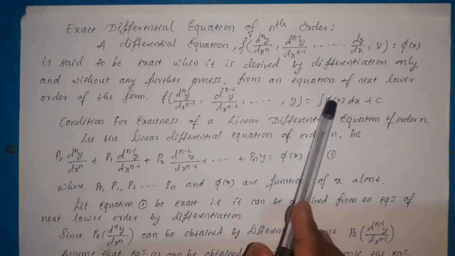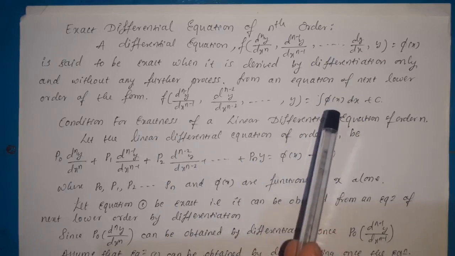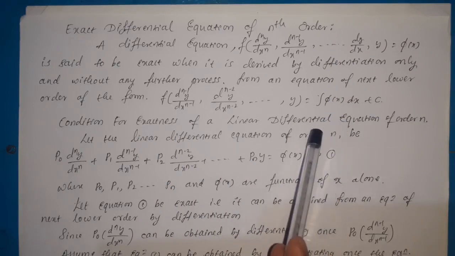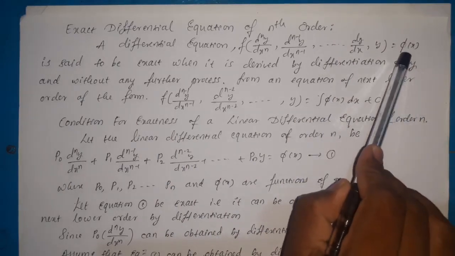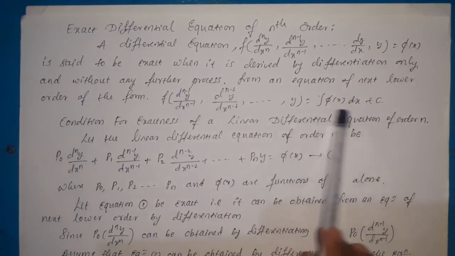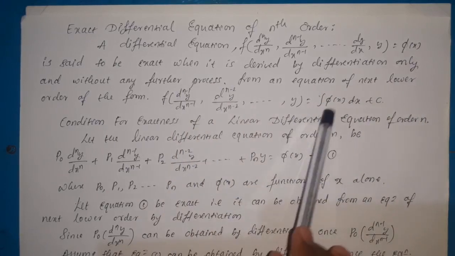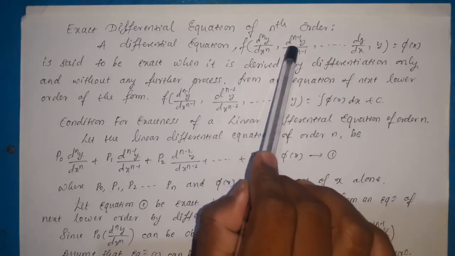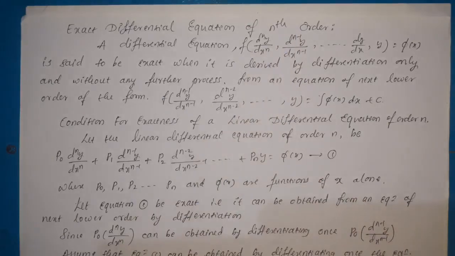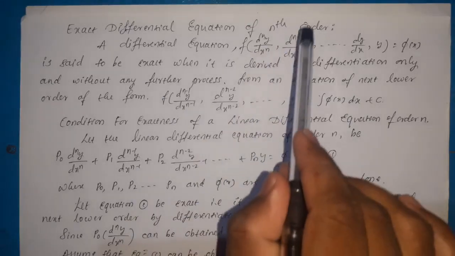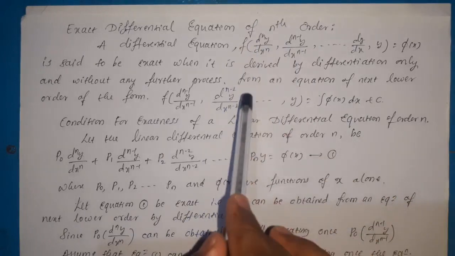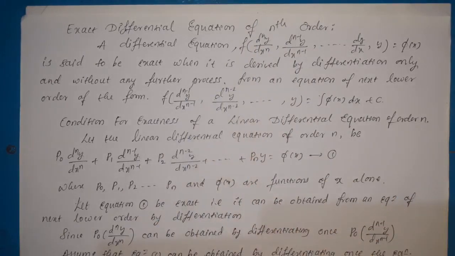If we differentiate this integration of phi of x, the result will be only phi of x, which is here. So by the differentiation of this equation we can get the equation here. Therefore this equation is exact, because we are getting this equation from that one only by differentiation. After differentiation, whatever equation we get, that equation will be exact, right?